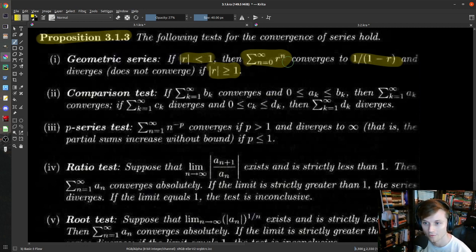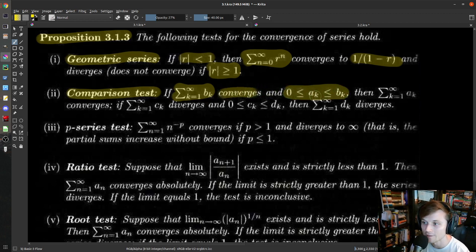So the comparison test is another good one. That's the geometric series formula. The comparison test is actually a test. So if you have a series, the sum from k equals 1 to infinity of b_k, and this guy converges, and a_k is less than b_k for all k and bigger than 0, right?